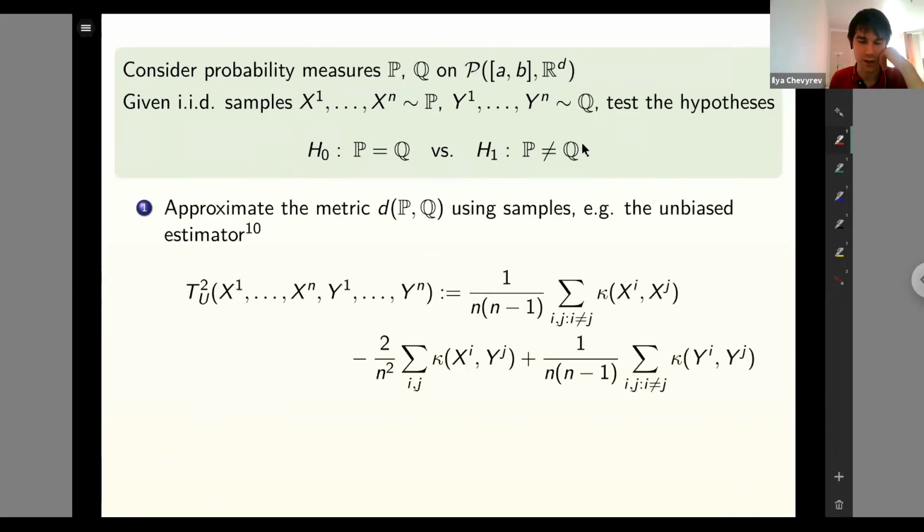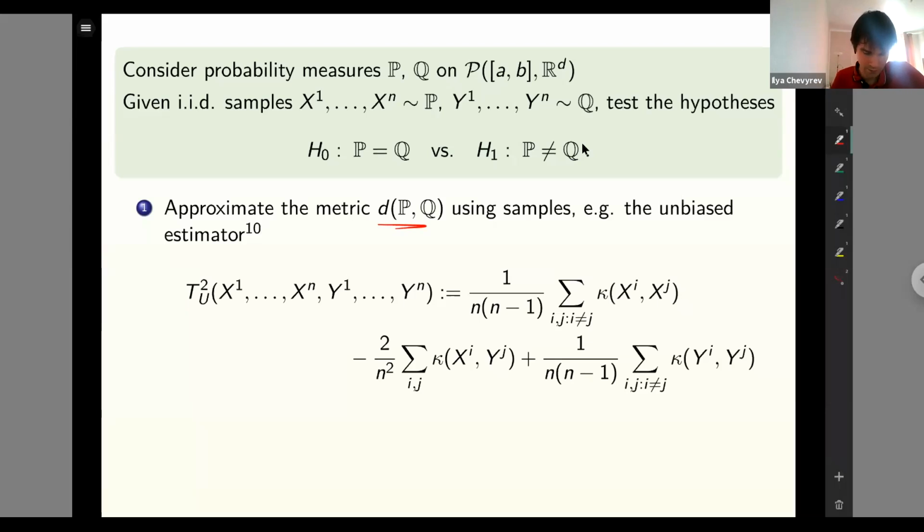So the strategy now is that we have this metric in hand, this metric dPQ. And because it was given by this formula with the expectations, we can actually estimate these expectations using samples. A common way is to use an unbiased estimator.